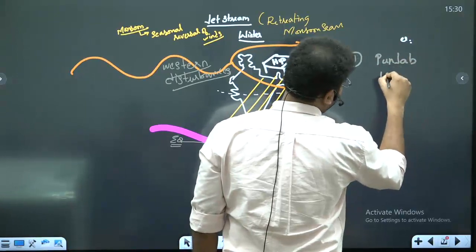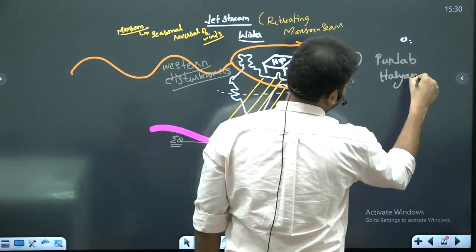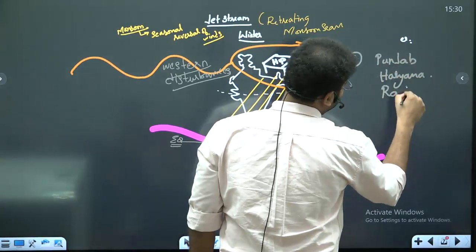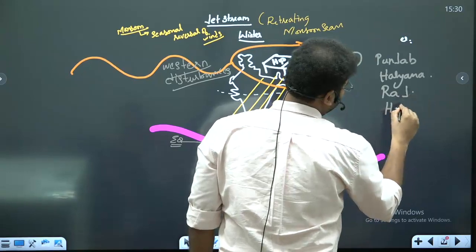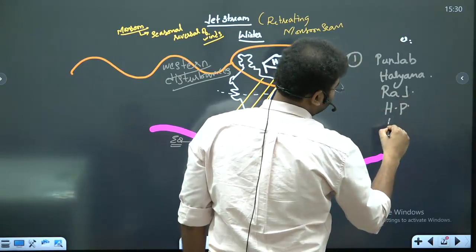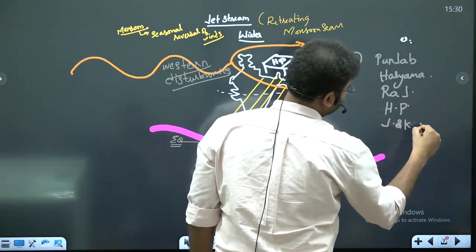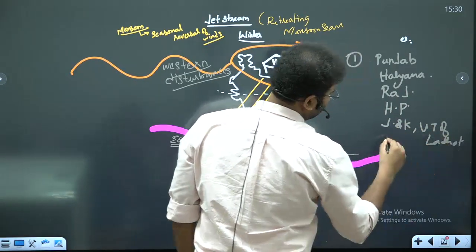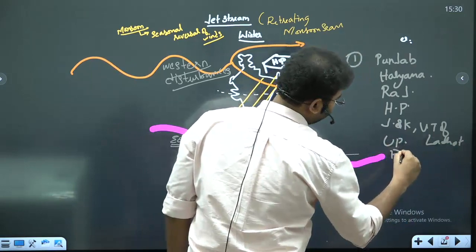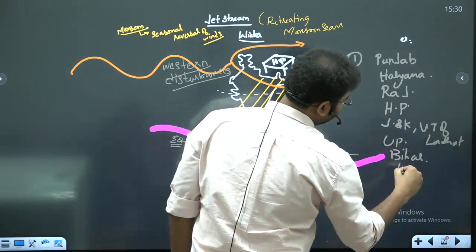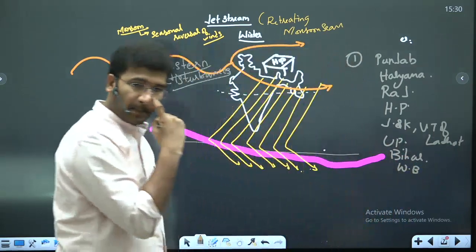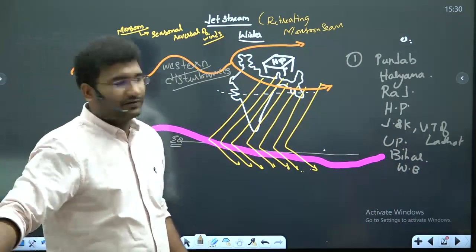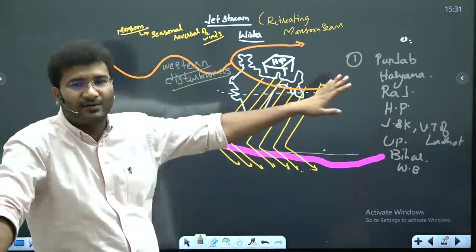Punjab, Haryana, some parts of Rajasthan, Himachal Pradesh, Jammu and Kashmir, plus the UT of Ladakh, Uttar Pradesh, Bihar, to an extent West Bengal. Yes. The western disturbances are present in the northern plains.